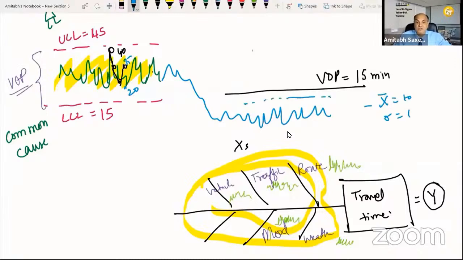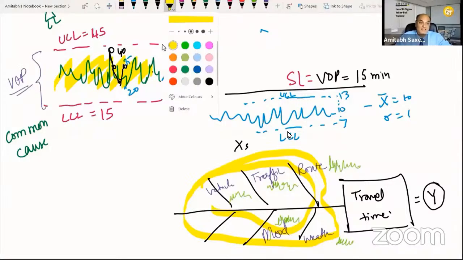Can you give me the values now? 10 minutes, 1, 2, 3, 13 minutes, and 1, 2, 3, 7 minutes. My new lower control limit and upper control limit should be within the specification limit, which is the voice of the customer. So this is SL. Remember, this was CL.